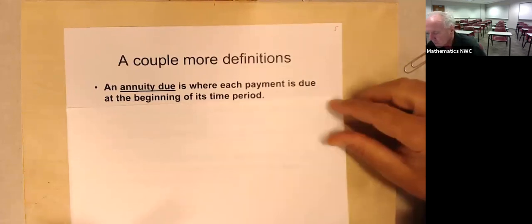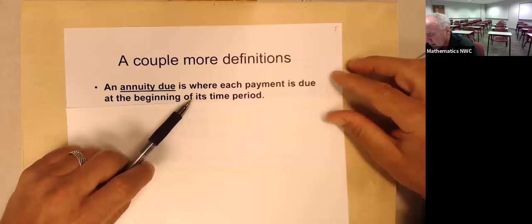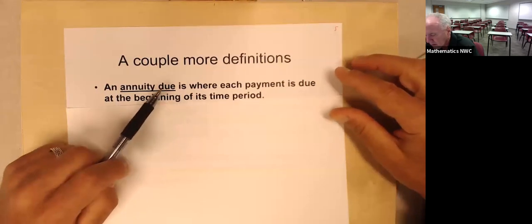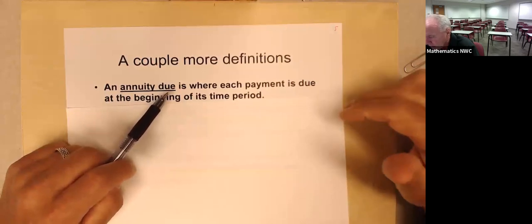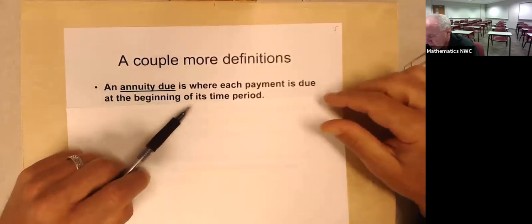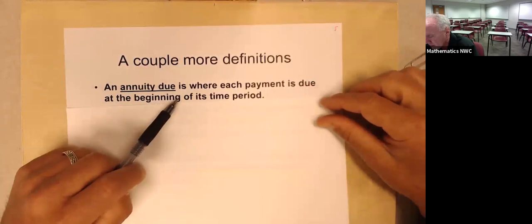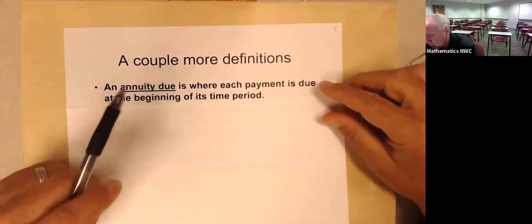An annuity due is where each payment is due at the beginning of its time period. That would be the one we just did, was an annuity due. It's because we paid out the first payment on the first of the month. When you pay it out at the beginning of the time period, if it's compounded monthly and we paid it out the first of the month, that's an annuity due.